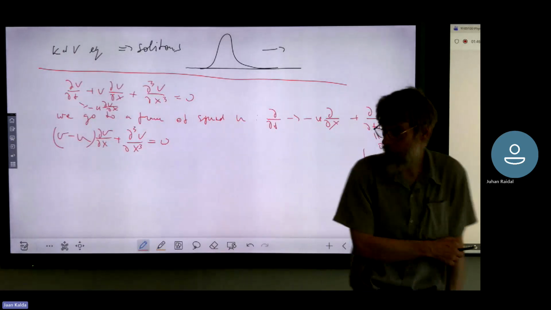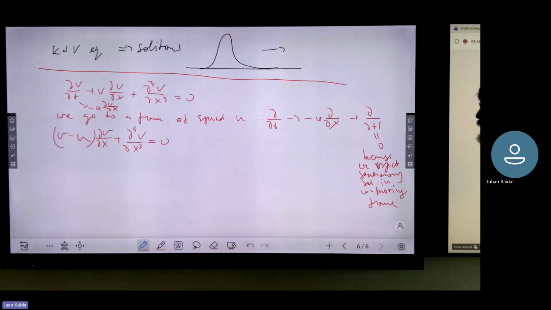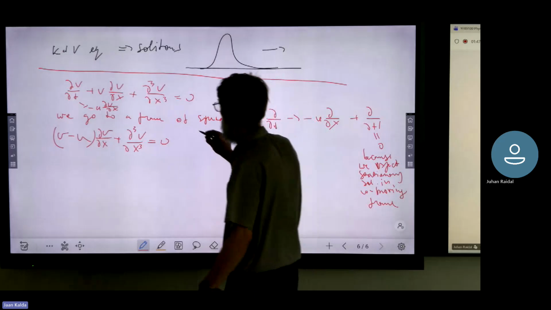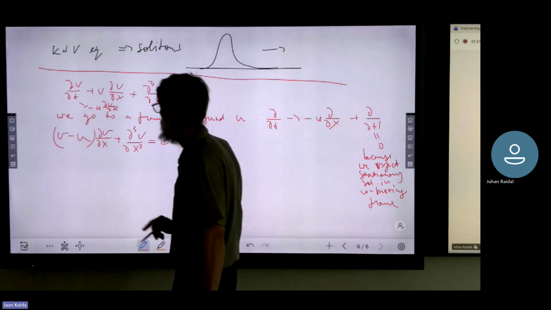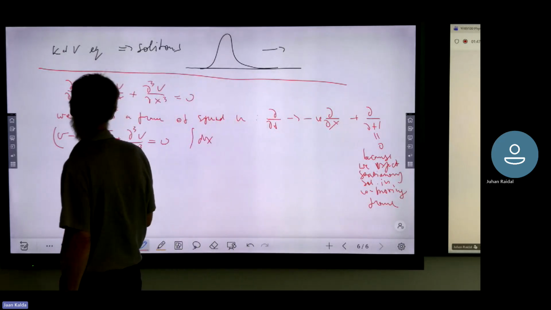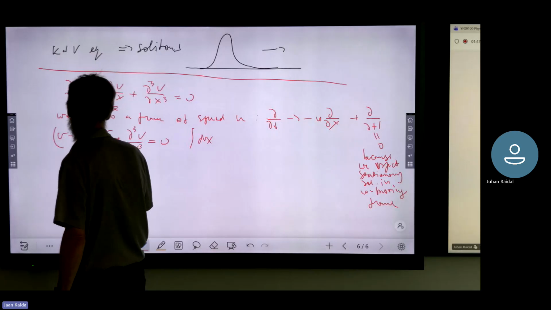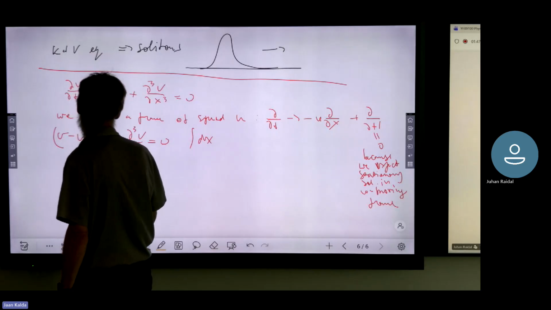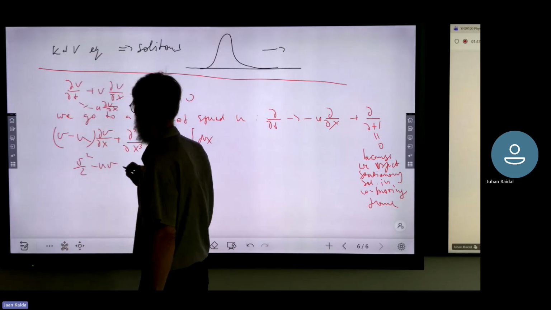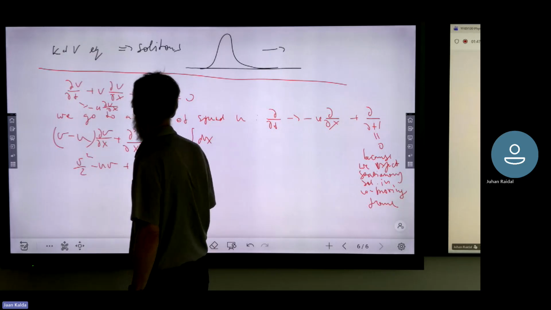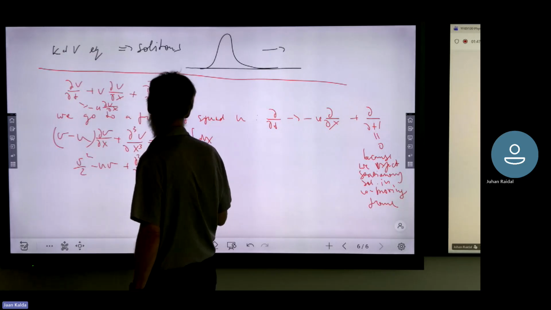Luckily, we have only one variable, so this is now an ordinary differential equation. It was a partial derivative before, but now it became ordinary. Good thing is that we can first integrate it by x, and then we obtain v squared over 2 minus uv plus d square v over dx square equals constant.